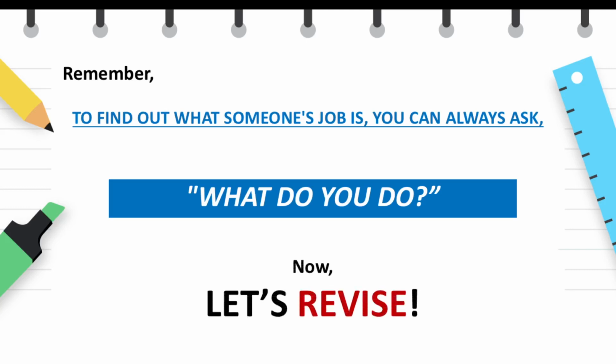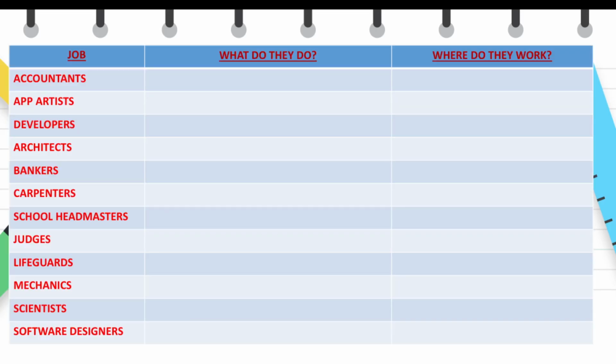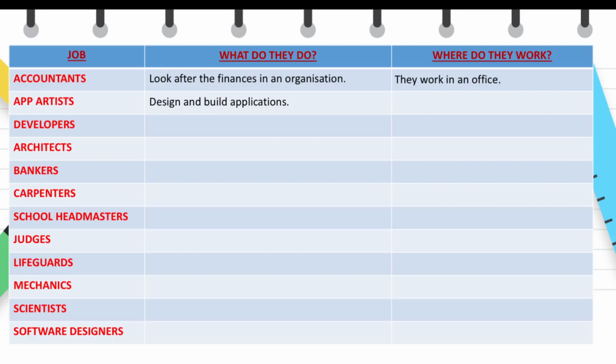Now, let's revise. What do they do? Where do they work? Accountants look after the finances in an organization. They work in an office. App artists design and build applications. They work in an office too.